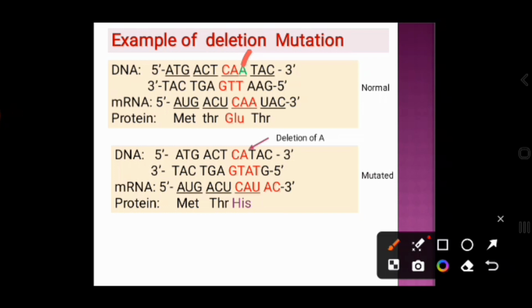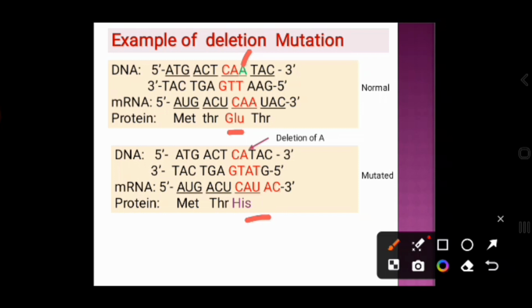So in the original version, the third amino acid was glutamine. After this mutation, this CAA is changed and it is CAU. The third codon is CAU, so it codes for histidine, whereas CAA codes for glutamine.